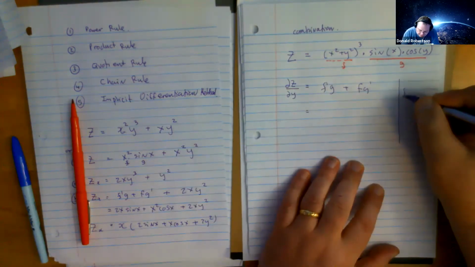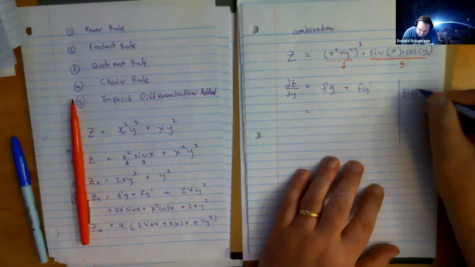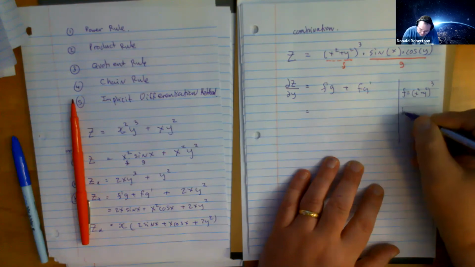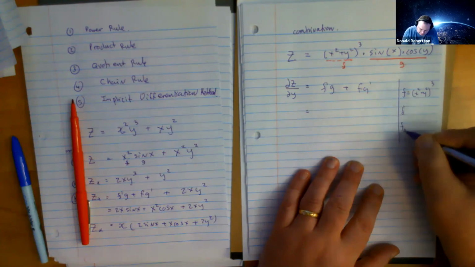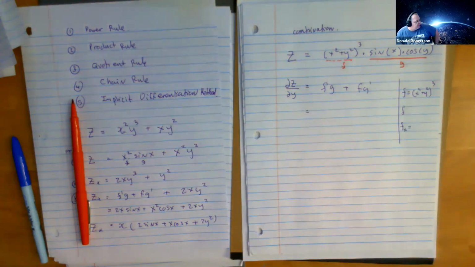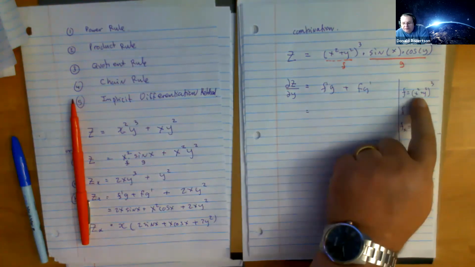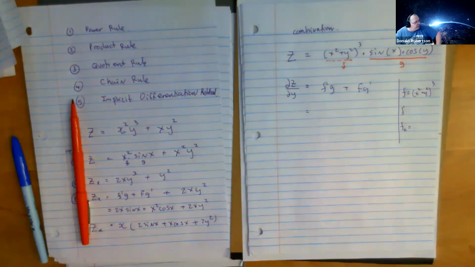If you call f x squared plus y squared cubed, and you want to get f dashed, don't you really want to get the partial derivative, right? Do you recognize that this piece is a little baby chain rule? Isn't it something cubed, where the something's not just x? It's got more than that. So let's see what we get.